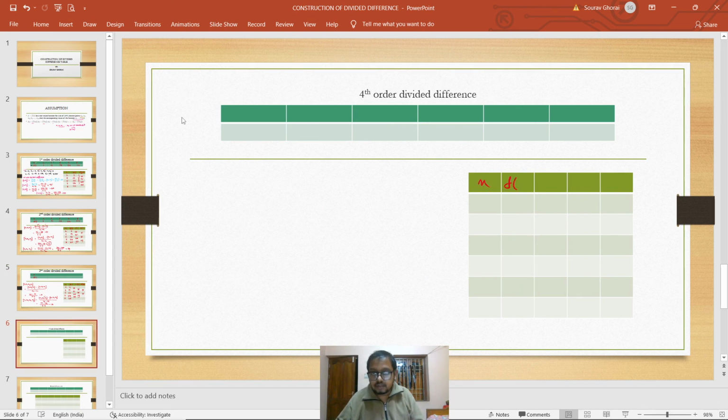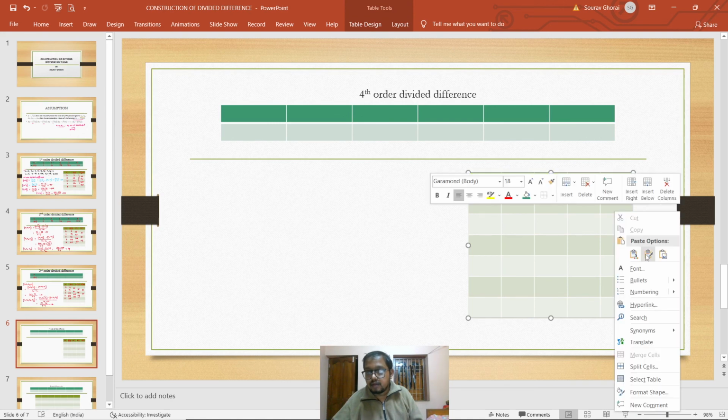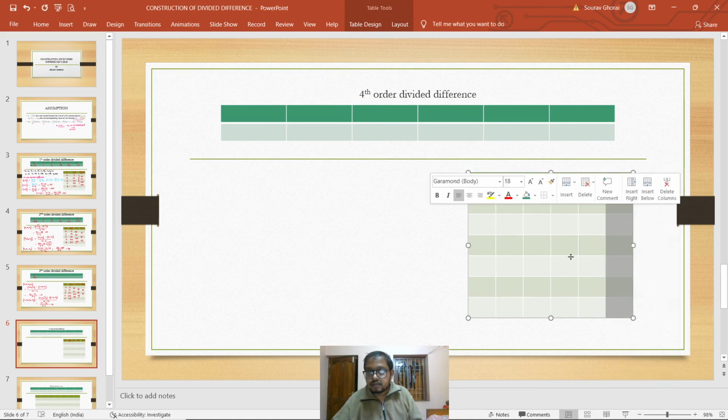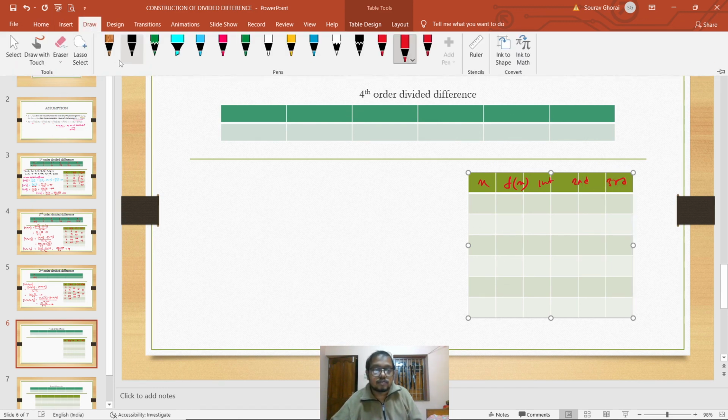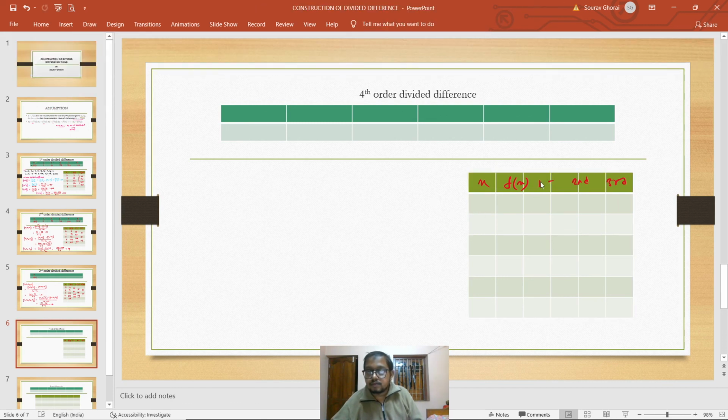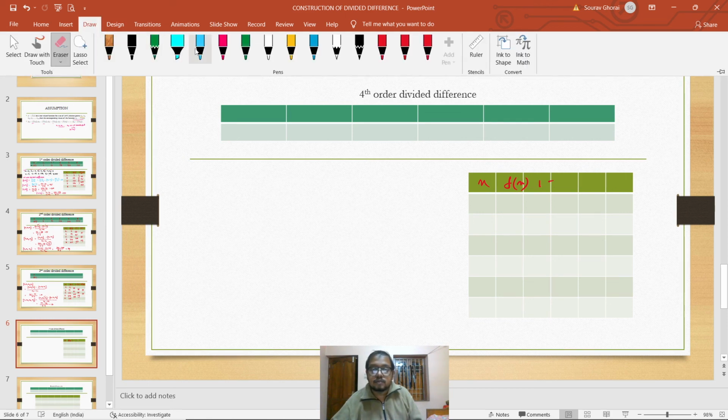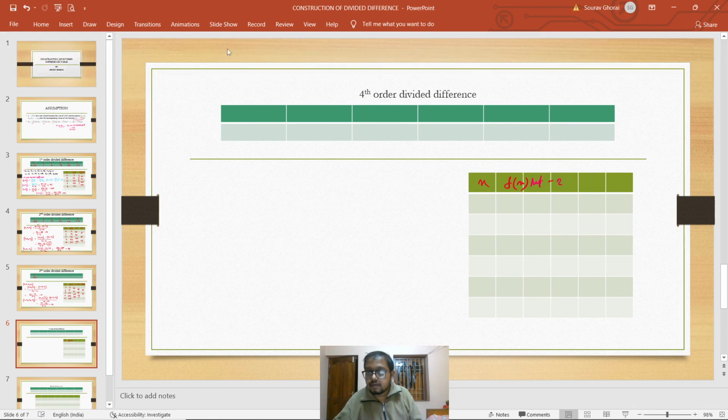So I have to just write here all the values: this is the first order difference table, second order, third order, fourth order.